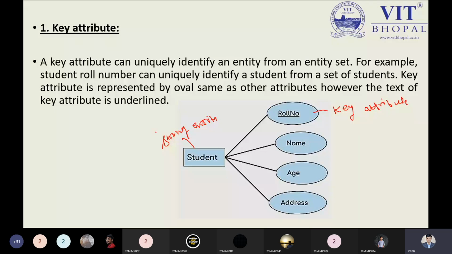A key attribute is an attribute which is used to identify uniquely, and this is to be supported by the strong entity.